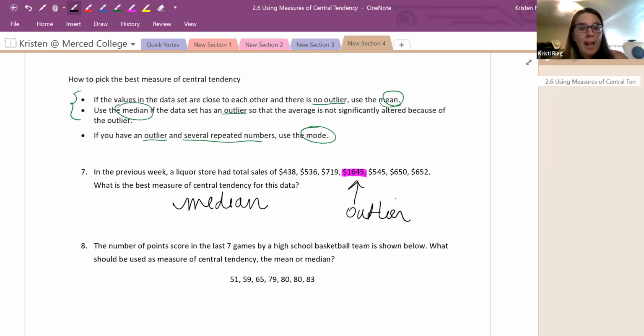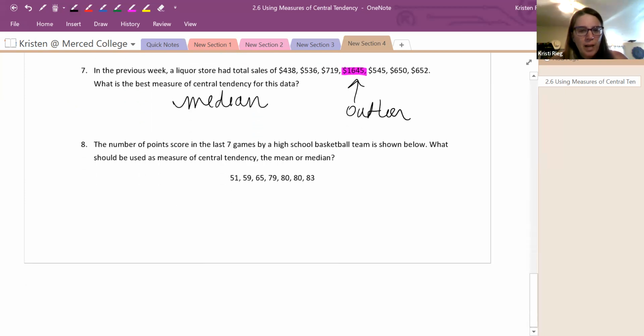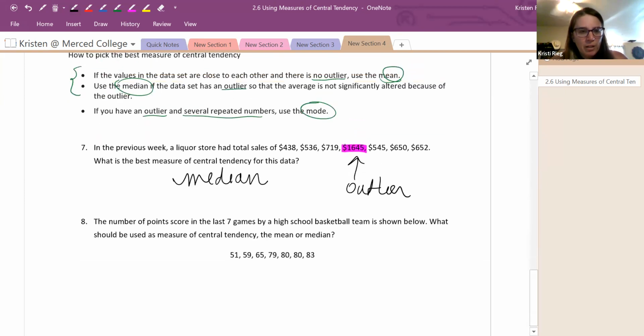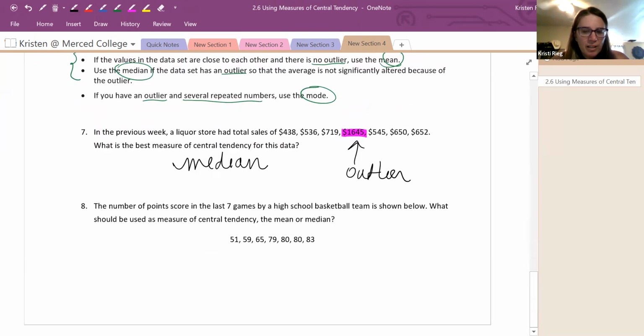Okay, last but not least, oops, I lost my definitions. I have this list right here. There are 7 games, and it says, what should be used as the measure of central tendency, the mean or the median? We're already saying the mode is garbage, so we're already limiting it to the mean and median. Looking at this list, are there any outliers?